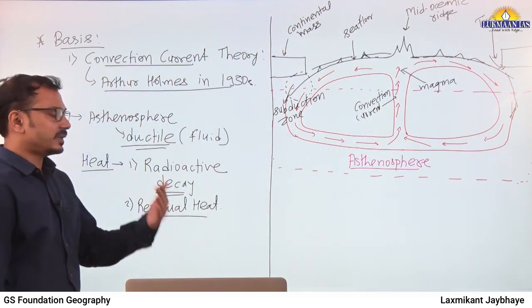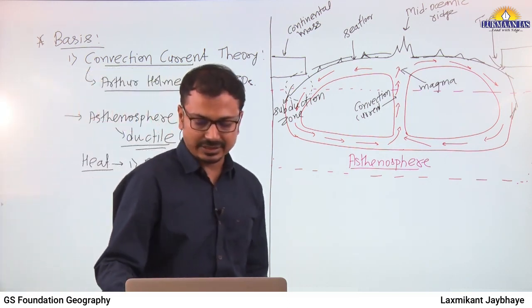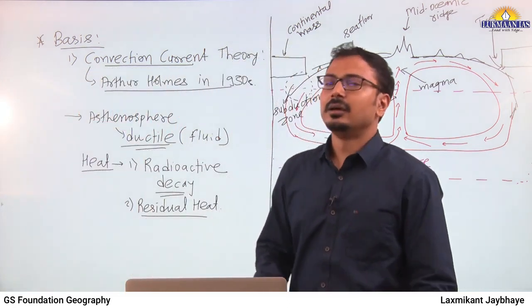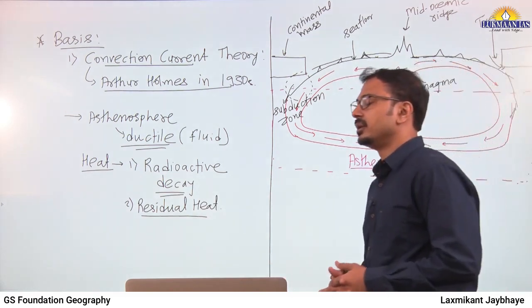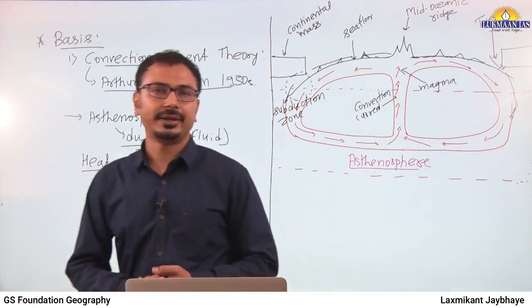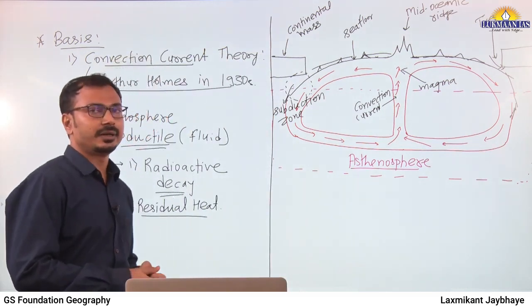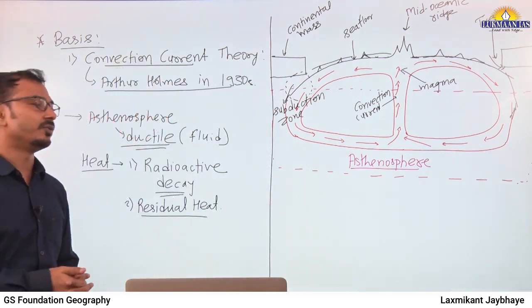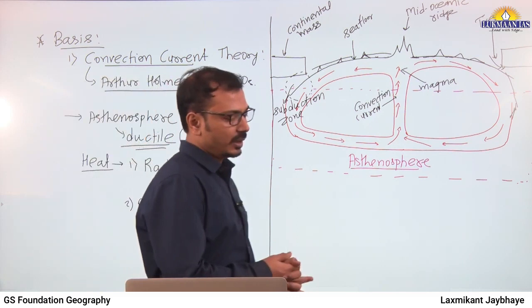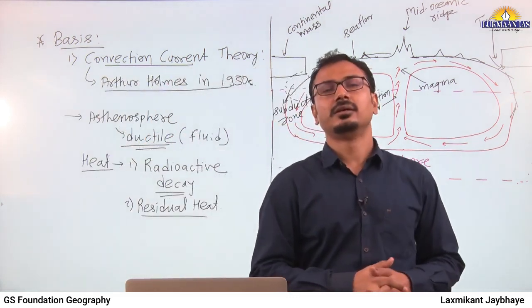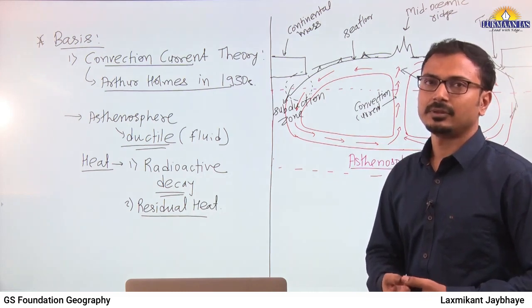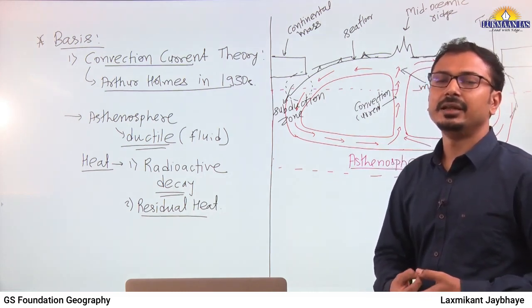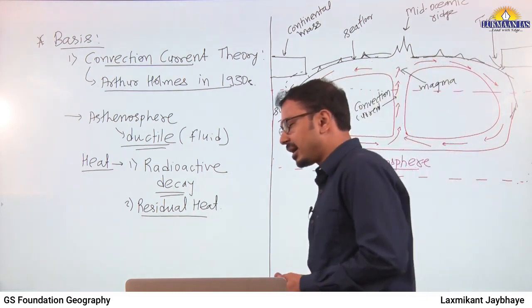Inside the earth, especially in the asthenosphere area, there are two important sources of heat: radioactive decay of radioactive material, creating heat energy, along with residual heat. Because of that, there is continuous melting of the material in that region, and melting of material leads to formation of magma.